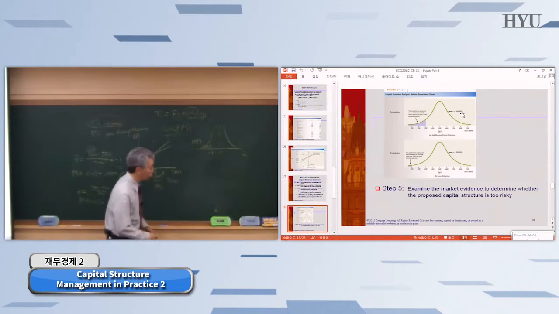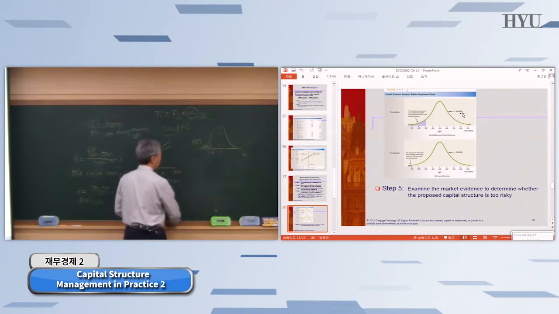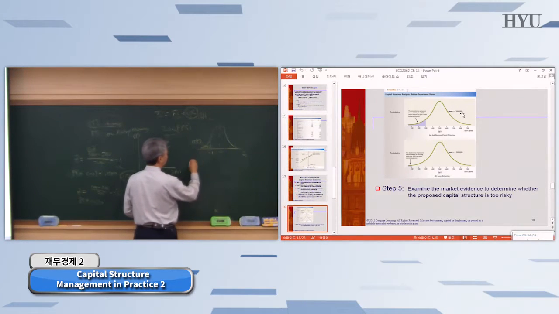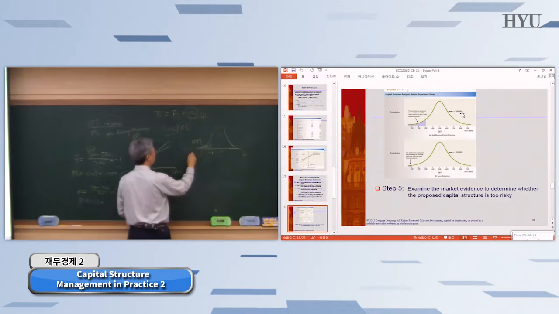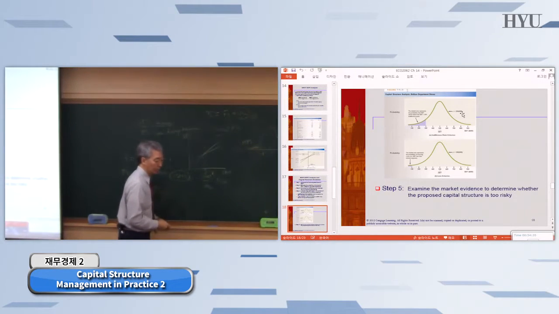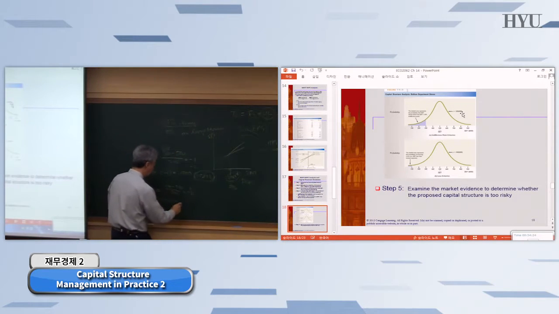So the probability that z will be less than negative 2, according to the z table, is 2.28%. So here, if it's negative 2, then this probability is 0.0228, right? That is 2.28%. Okay?